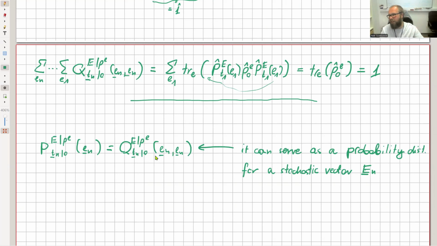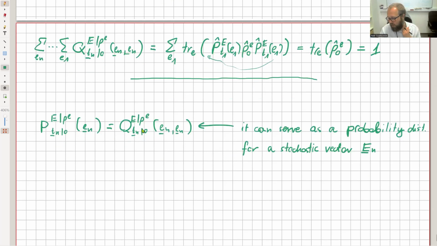It is not yet a joint probability distribution for sampling a trajectory of a stochastic process, because there is one more condition those functions P would have to satisfy.